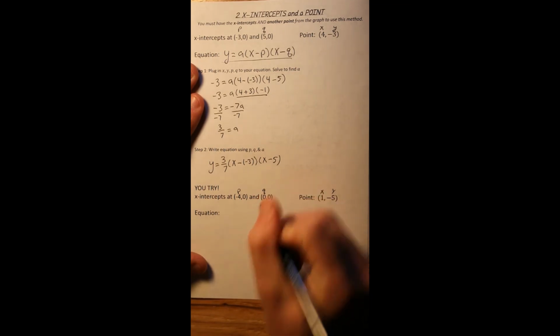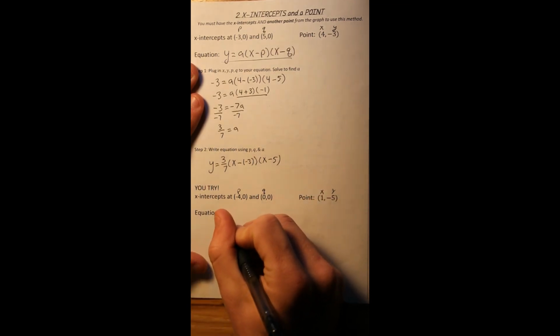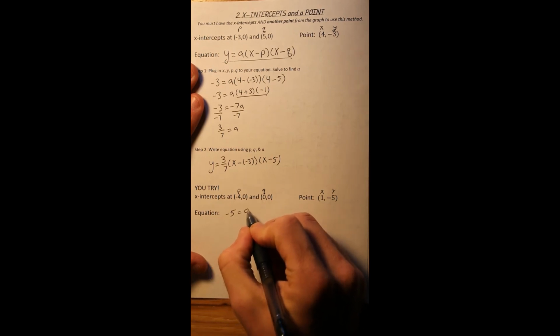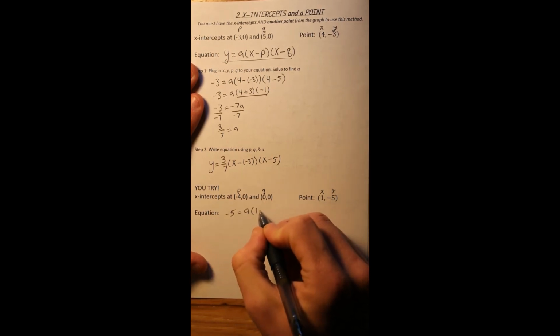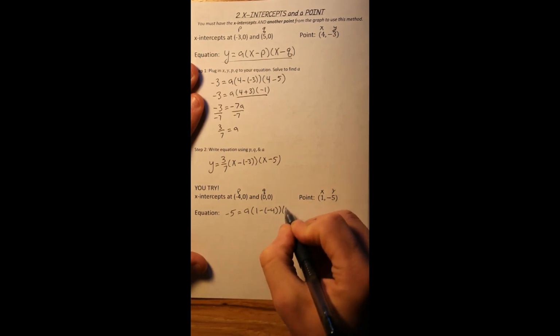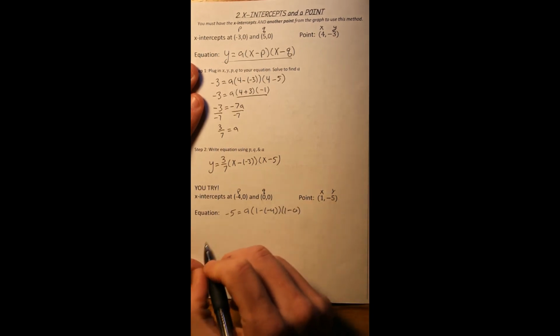So I'm going to go ahead and just do this really quickly. I'm not going to speak or anything. But yeah, so first thing I'm going to do, x, y, p, q. Let's see, we have negative 5 equals a times (1 minus negative 4) times (1 minus 0).